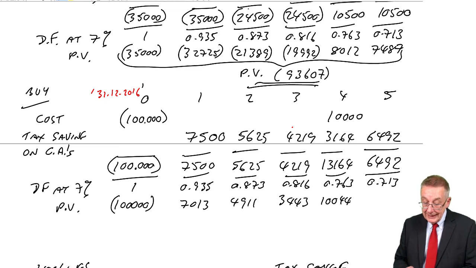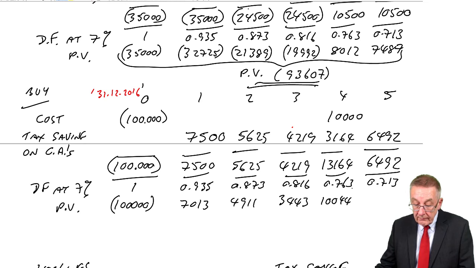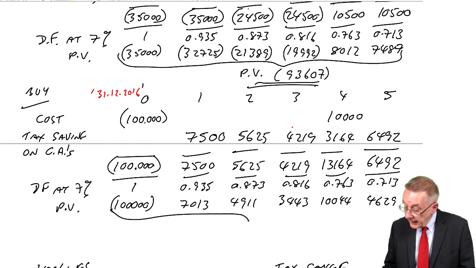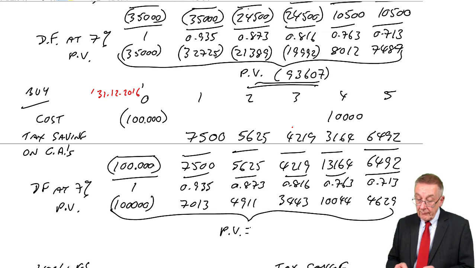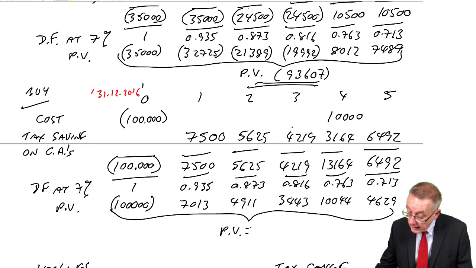And finally, 4,629. And so again, the total present value if we buy is 69,960.